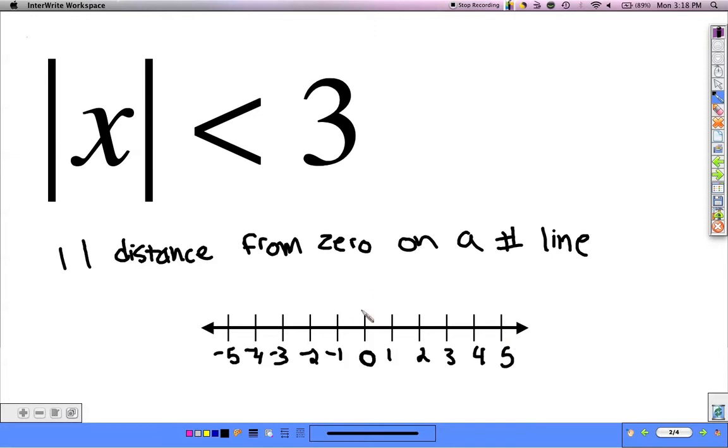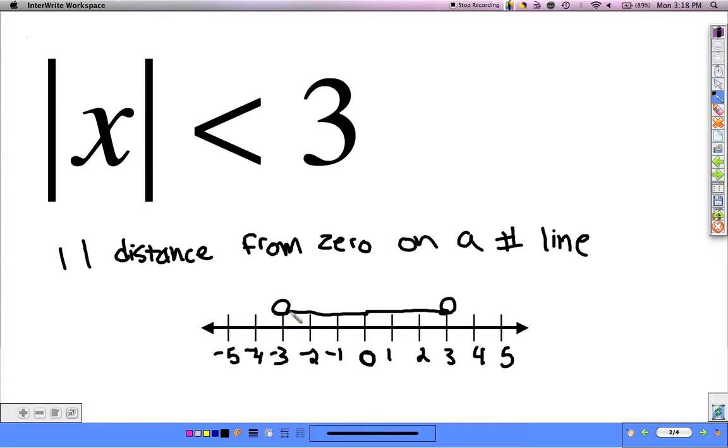That could be the positive distance from 0, so it might be this area right here. The distance is less than 3, so of course it's not going to include 3. And I can also look at the distance the other way. This negative 3 is still 3 units from 0. And of course it's not including 3.